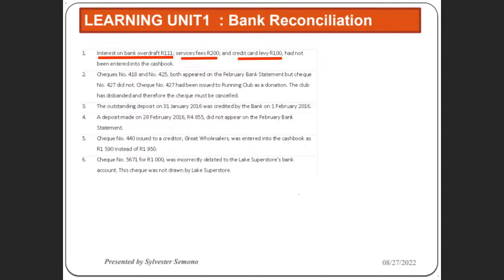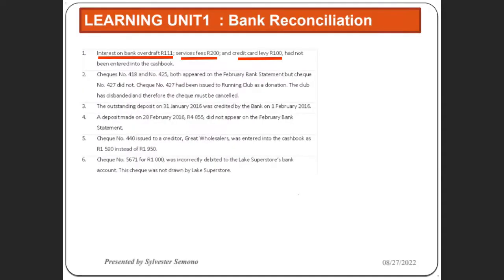And they say these amounts had not been entered into the cash book. Can you see now, they are already telling you that they have not been entered. It means we must go and enter them in the cash book.